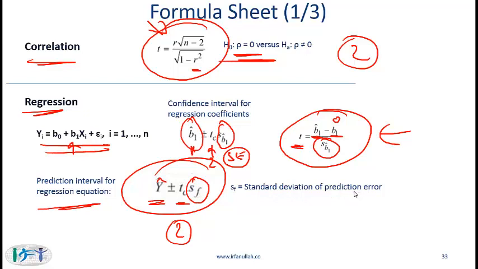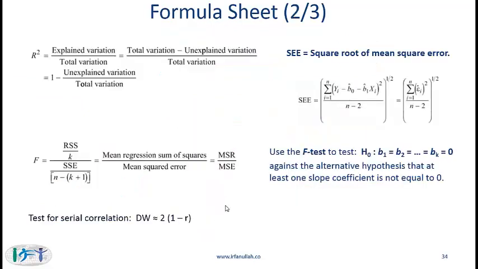The way the curriculum puts it is the square root of the variance of the prediction error, but I think it's simpler to think of it as the standard deviation of the prediction error. Notice that this SF is different from the SB1 hat. SB1 hat refers to the standard error related to the coefficients. SF refers to the error associated with the overall prediction made by the regression equation. All right. Then you need to know the formulas for R squared.